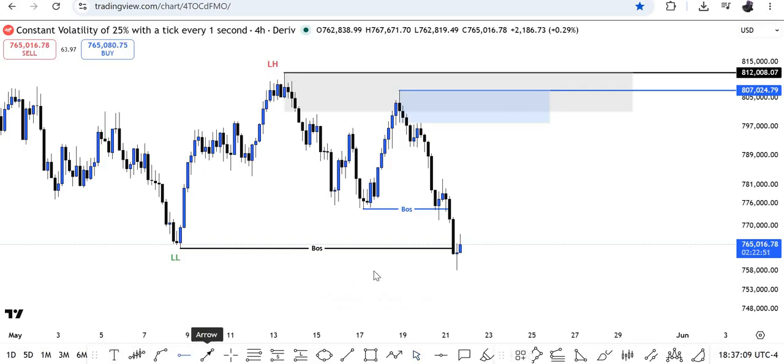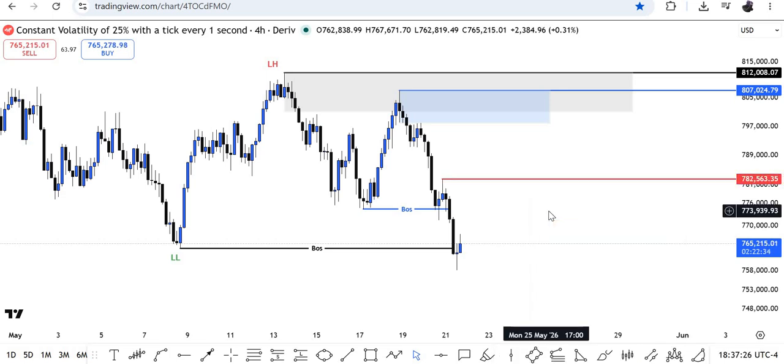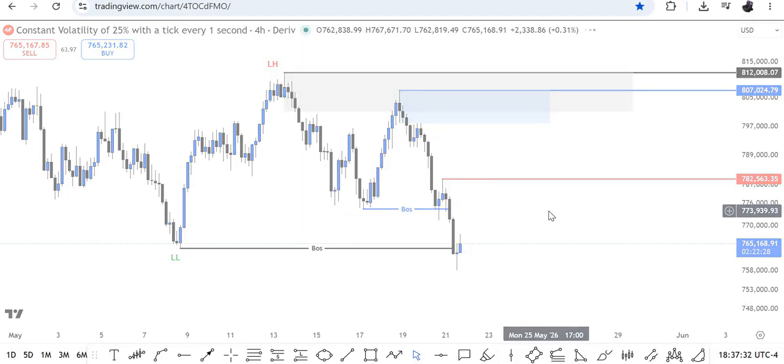So for example, on the H4 right here, we were coming down, pulled back, broke. Now this little point right here on the H4, that's my potential 1 hour lower high.